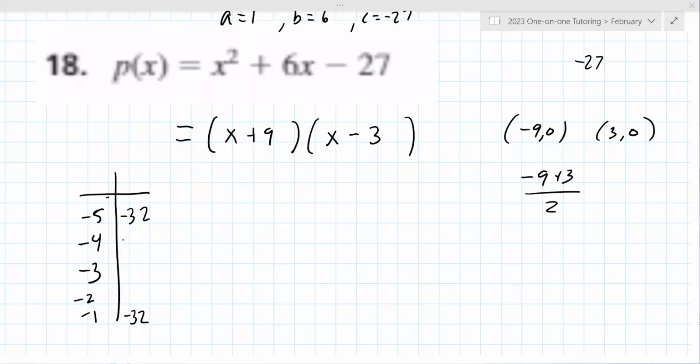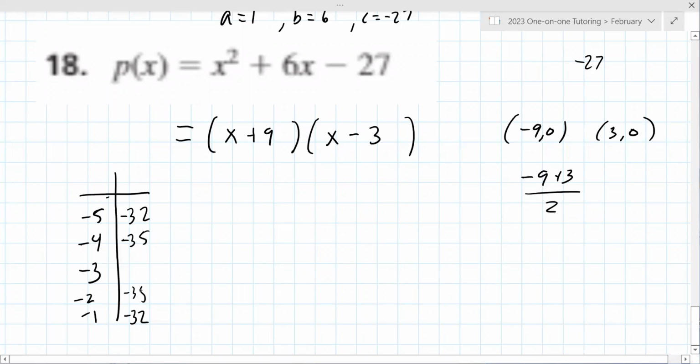That's correct. And then for -3, 6 times -6, -36. Yes. So again, pretty extreme one here. Down here is -3, -36, -2, -35, -1, -32. And then it does eventually hit at 3 and -9.